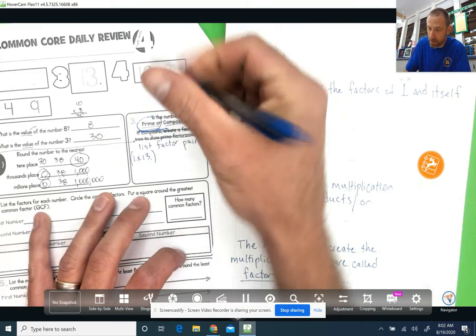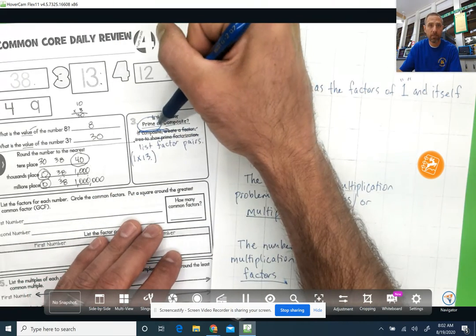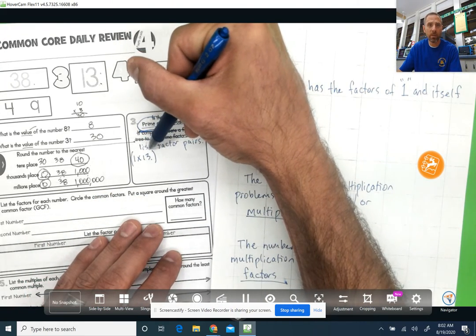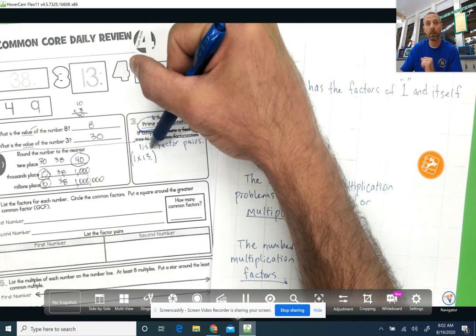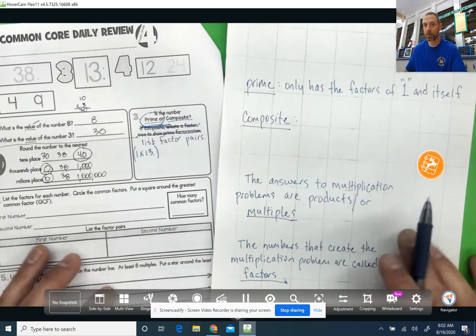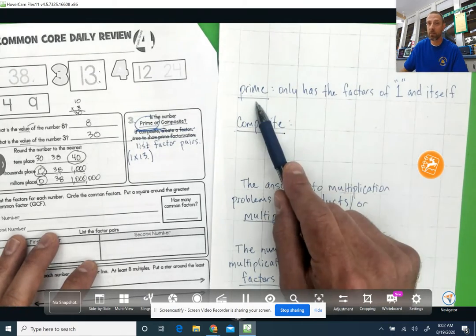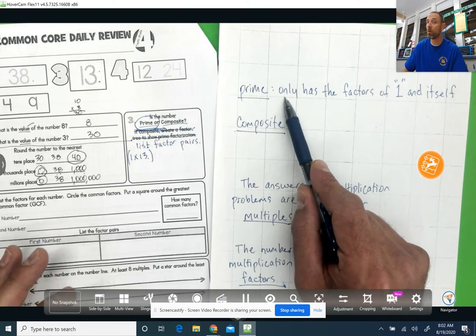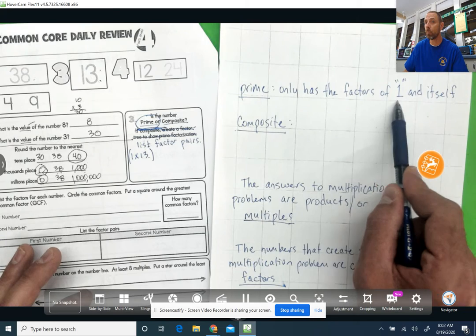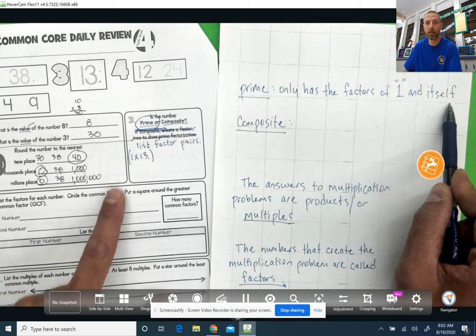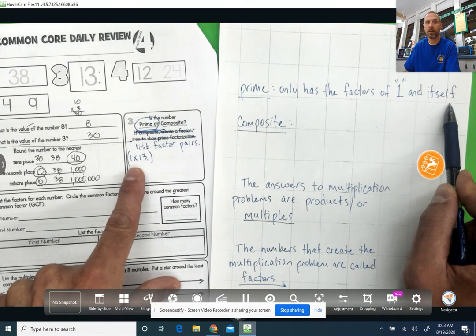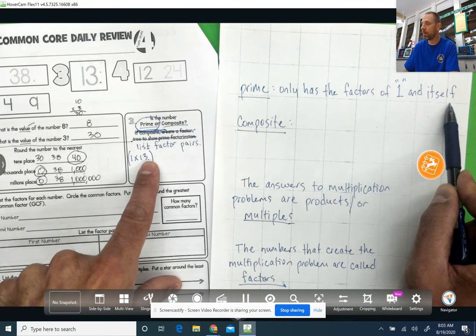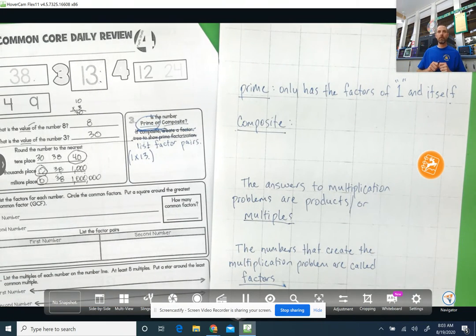The number 13 is prime because the only multiplication sentence or factor pair is 1 times 13. A prime number only has the factors of 1 and itself. And there it is. 13 is a prime number because it only has the factors of 1 and itself. Okay? So that is a prime number.